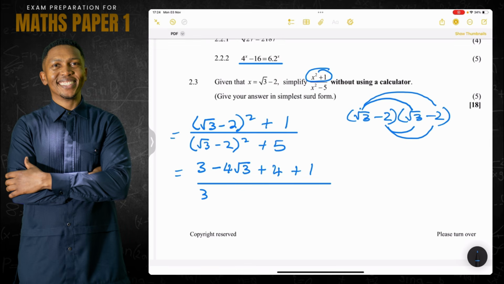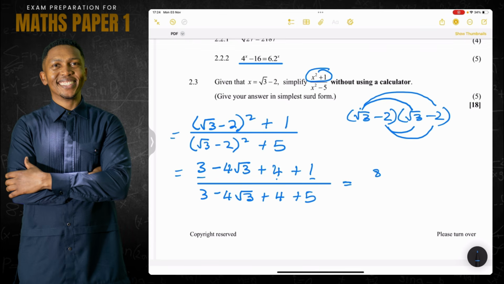And so we've got, at the bottom again, we've got the same thing, 3 minus 4 root 3 plus 4. And this is plus 5. Right, so let's deal with it. So we've got 1 plus 3, which gives us 4, plus another 4.